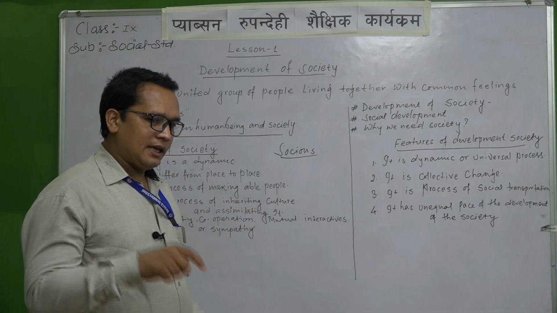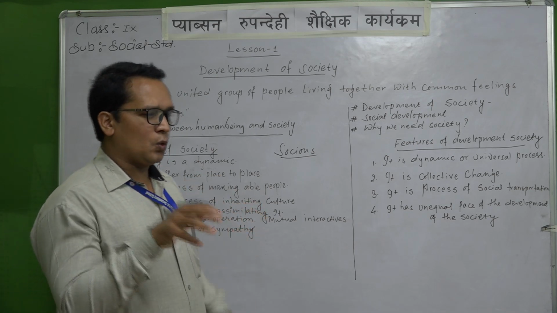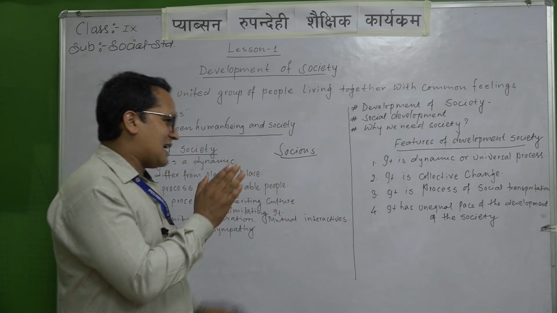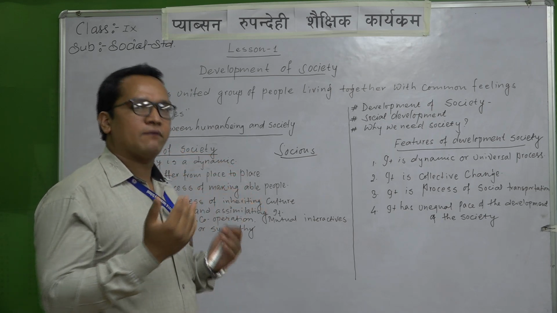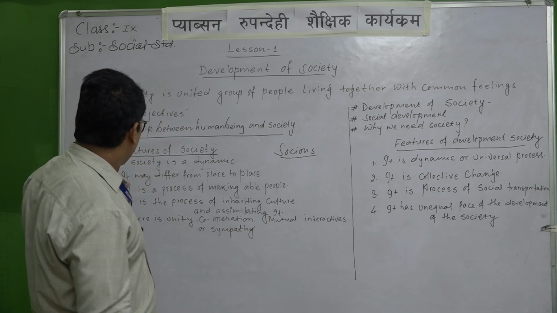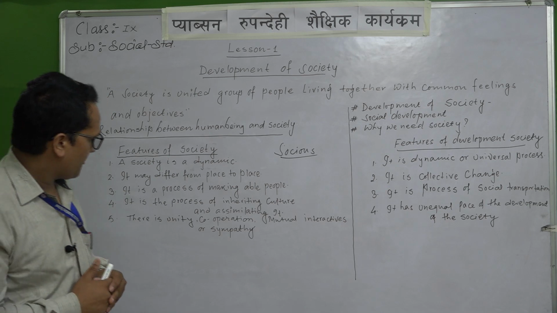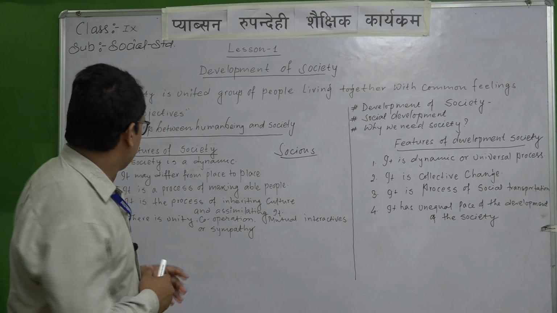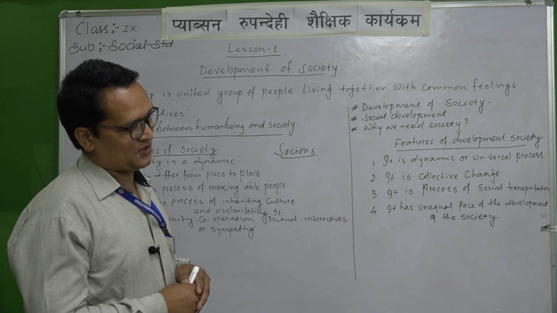It means where there is pain, where there is grief, we support the members of society, and when that sort of situation is created with us, they come to help us. So it is called sympathy. Point number 5 is unity, cooperation, mutual interaction, or sympathy. These are the 5 important features of the society.